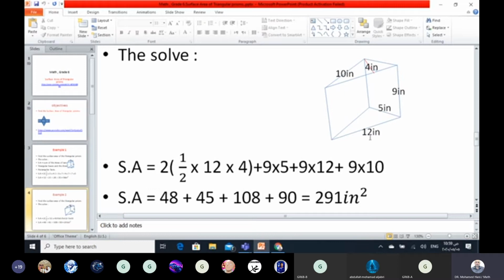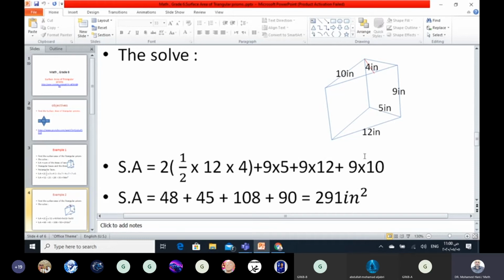So we can write 9 times 12. Plus the third rectangle here inside, this side we have 9 and this side we have 10. So the length will be 10 and the width will be 9. So I can write 9 times 10.